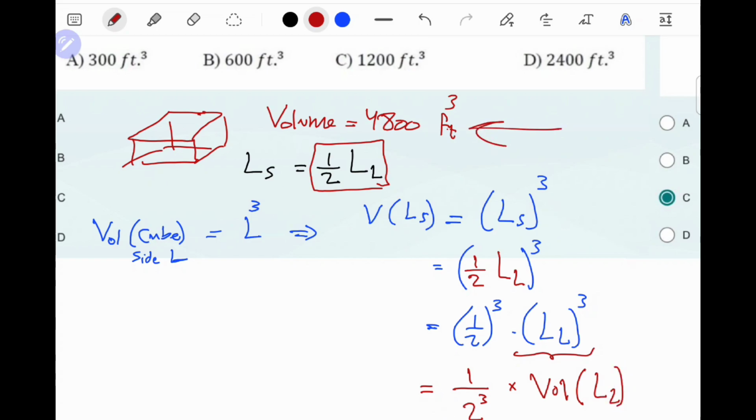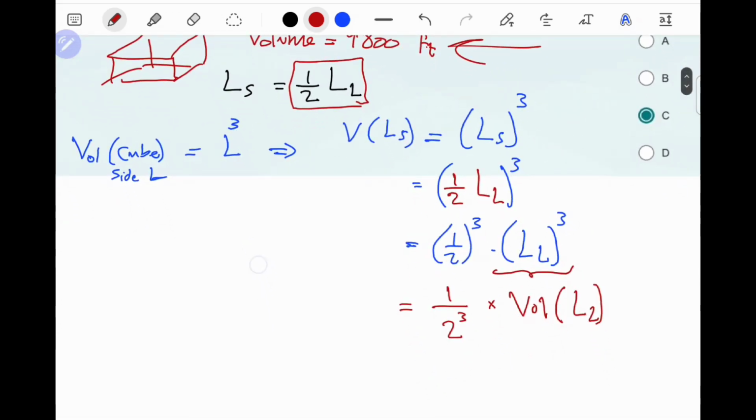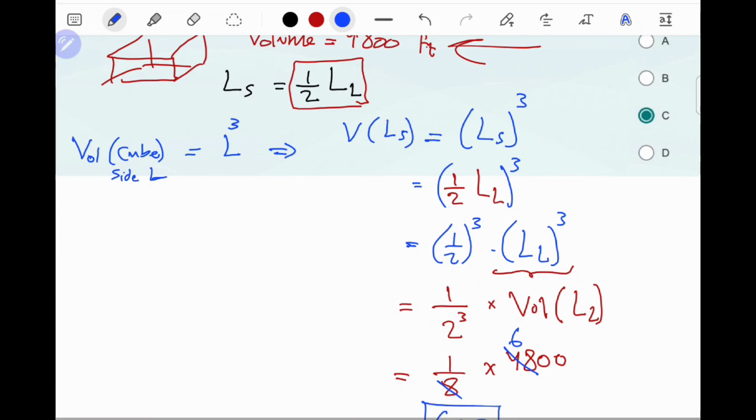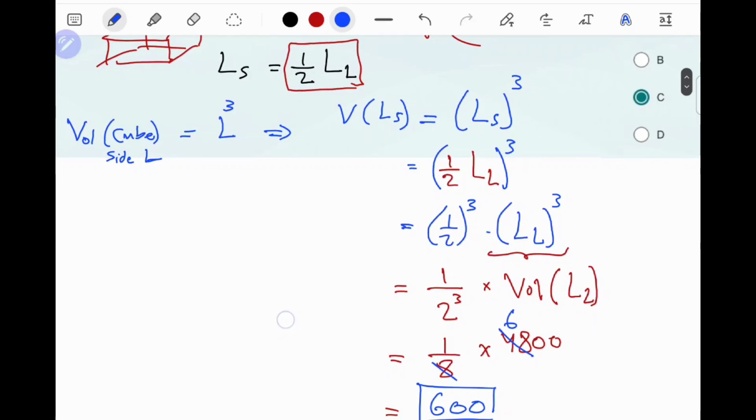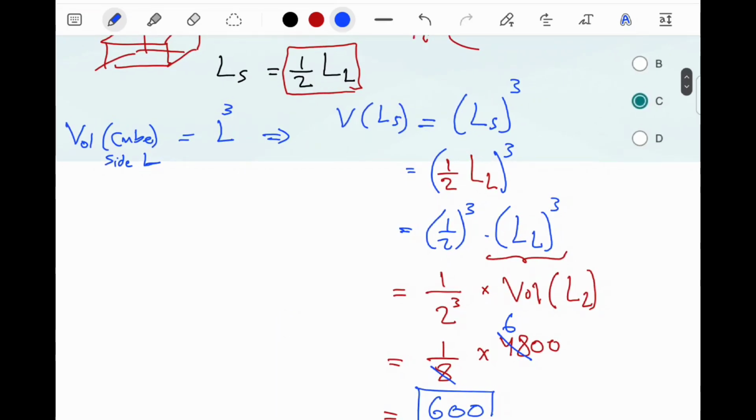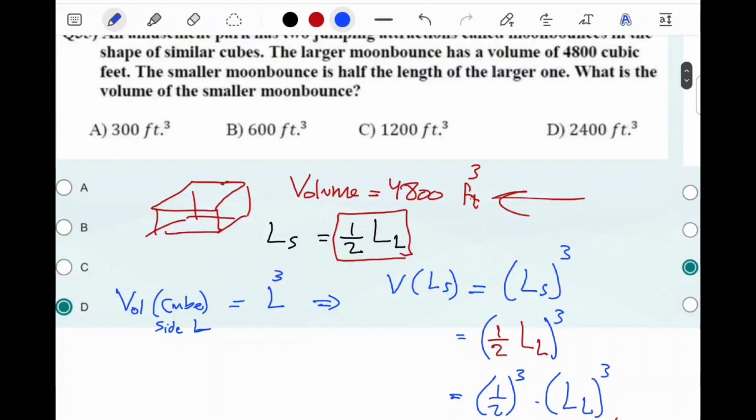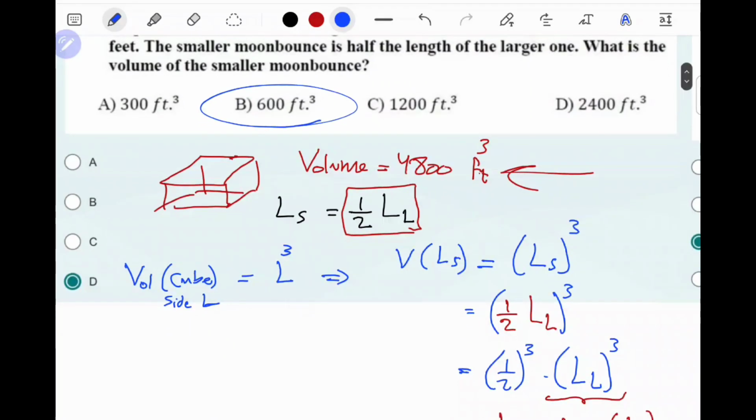And the volume of the big cube is given by 4,800. So that will be 1/8 times 4,800. And we can cancel 8 with 48, and that'll give you 6. So the answer is 600. So it's 600 cubic feet.